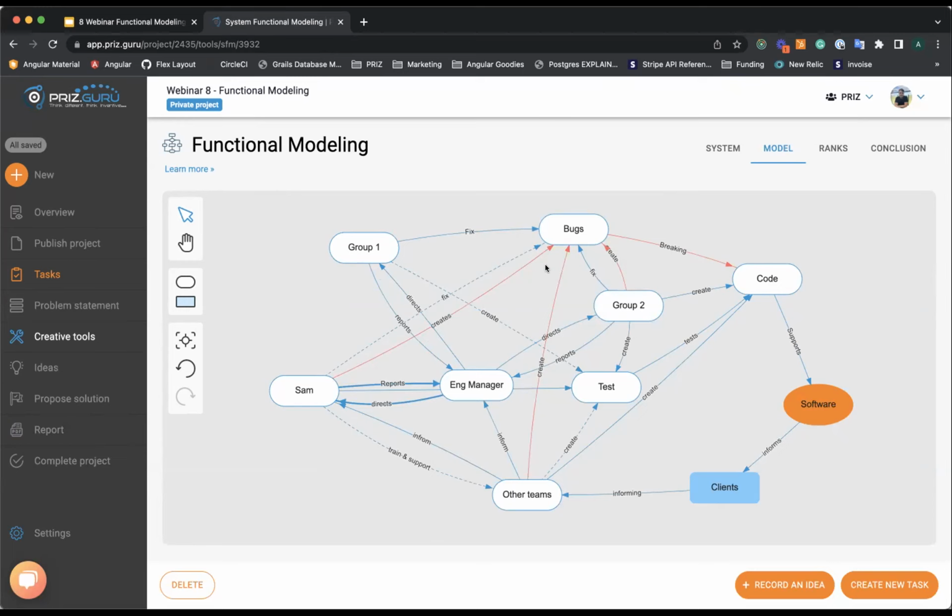Even though he's an engineer, for now, let him stop fixing bugs, right? So let's do that. Let's just remove him from that equation. Now, he doesn't fix bugs. He doesn't create them, right?